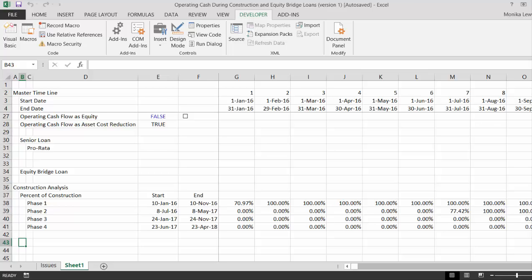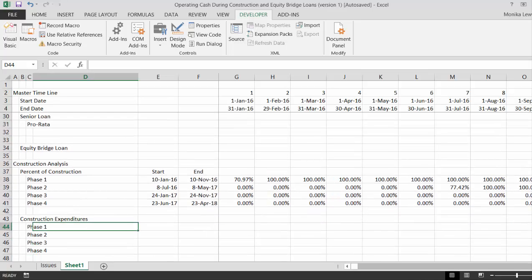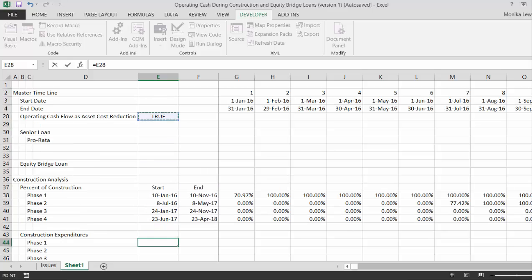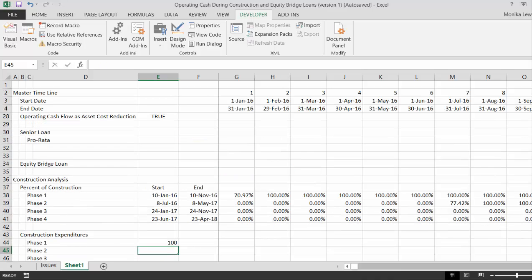I guess you could do it with a true and false, but it's kind of a fancier version of the true and the false. Now, let's put the construction expenditures. Now, I think we'll do this by the different phases. Okay, 1, 2, 3. And for the different phases, we put a little table, and I think I'm going to put a different amount of capacity.